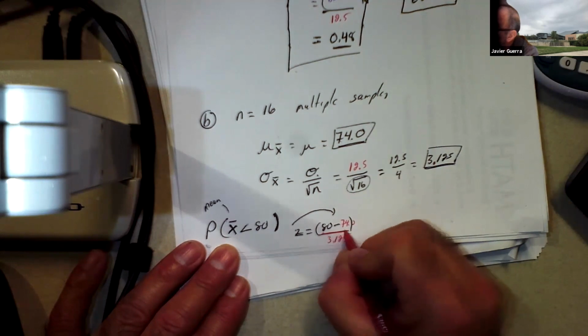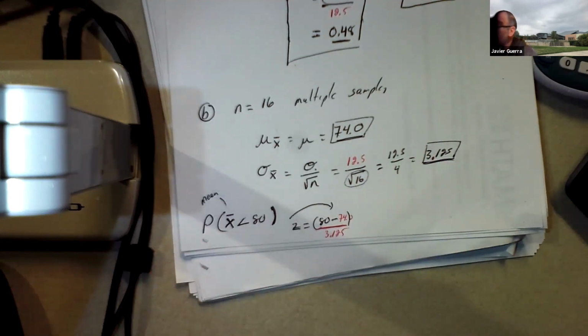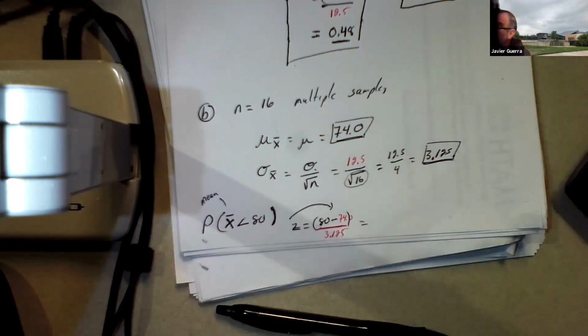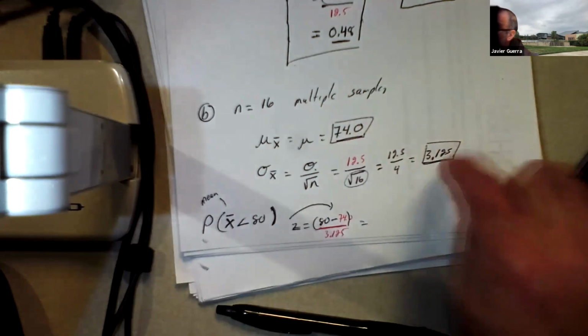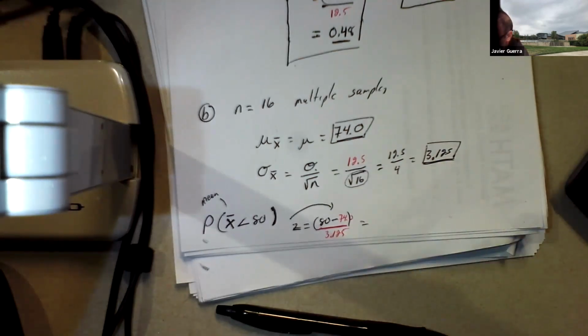I ran out of space. Sorry. Okay, so I'm gonna calculate it. There's my mean, there's my new standard deviation. I'm gonna subtract 80 minus 74.0 divided by 3.125.